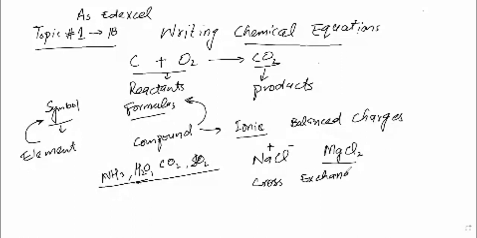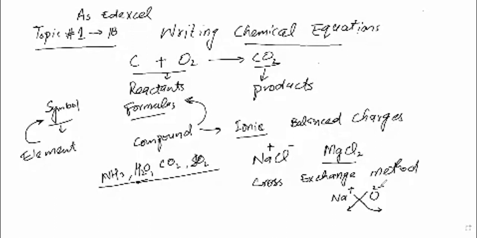In the cross exchange method, we first write the cation with the plus charge, Na plus, then we write the anion with the negative charge. Suppose we are writing here oxygen with minus 2 charge, sodium oxide we want to make. We bring down the charge number of the other element to the bottom right corner. Okay, this is the cross exchange method.